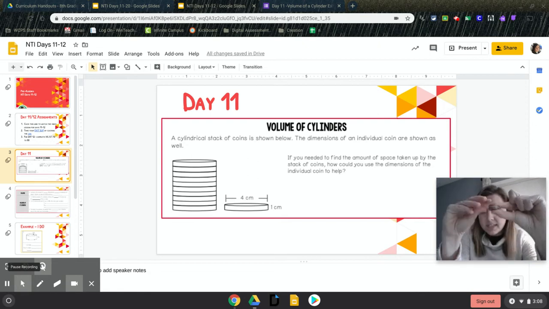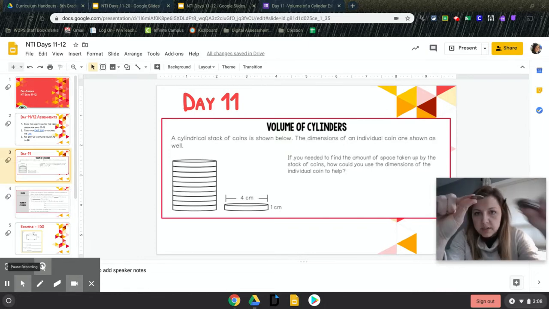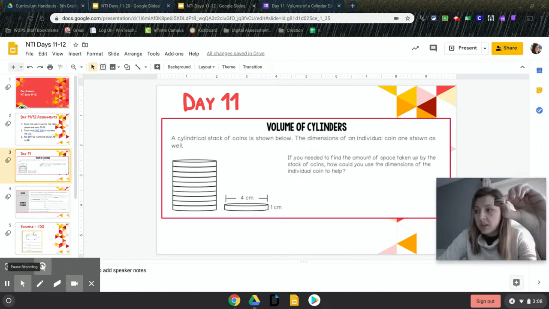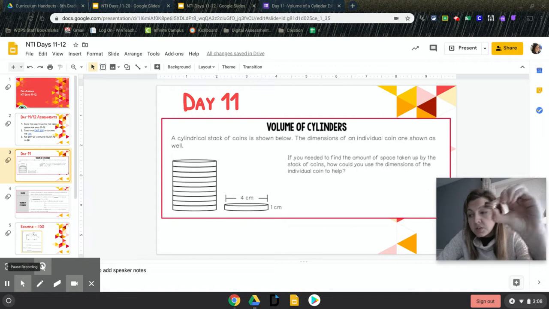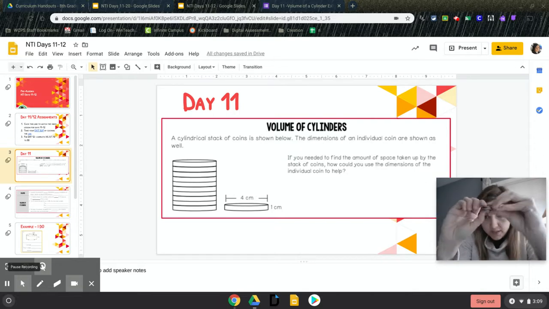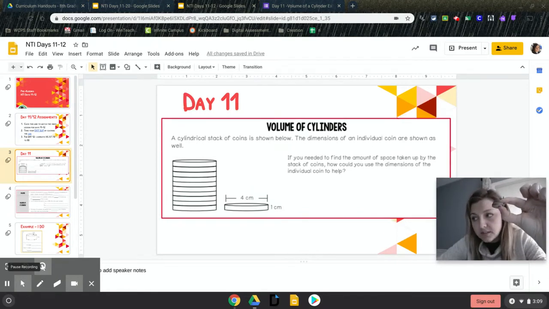Now, if I take just one of those quarters and took the dimensions of that coin, could we find out the space taken up by all of the coins when they are stacked up together? The answer is yes, we could. What you could do is find the area of one coin, and then multiply it by the total stack of the coins to find out just how much space all of the coins take up.